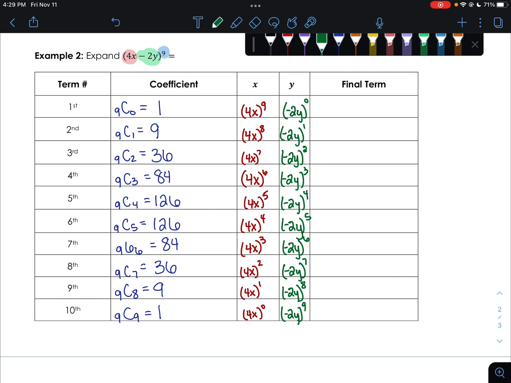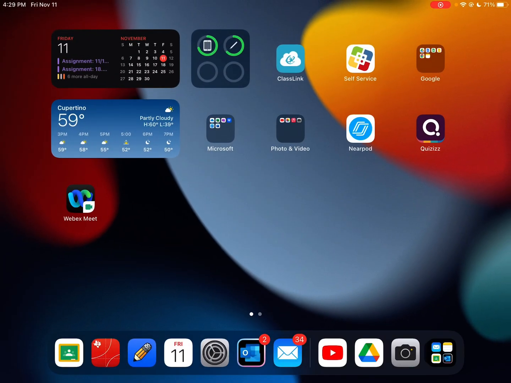Now, rather than trying to multiply these out, I'm going to show you what we're going to type in the calculator. So for our final term, what we're going to type in the calculator is 1 times 4 to the 9th times negative 2 to the 0 power. That's what's getting typed into the calculator, so we can just get the number. So we go to our calculator.